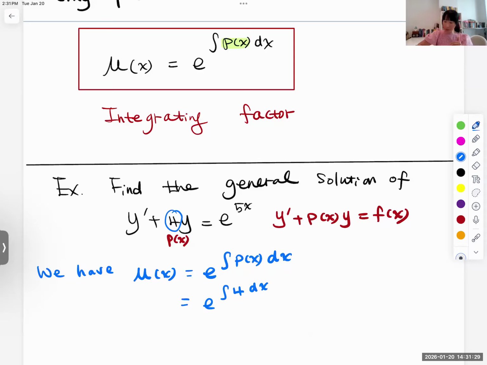What's the integral of 4? It's 4x. So we get e to the 4x. I have a habit of always writing plus c, but we don't need it here.